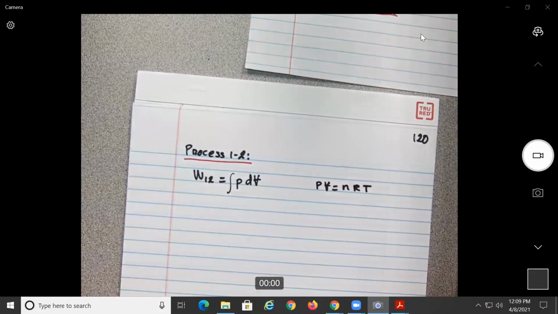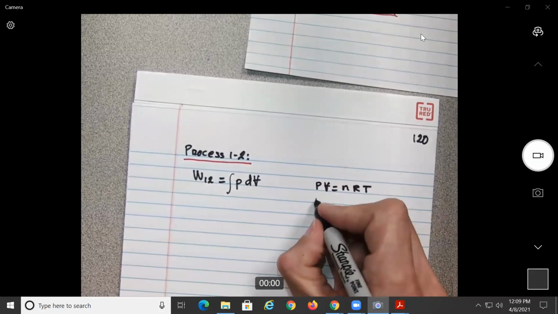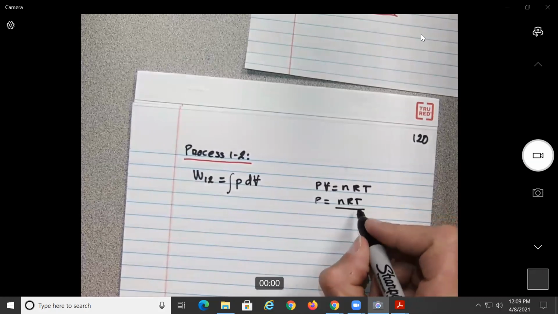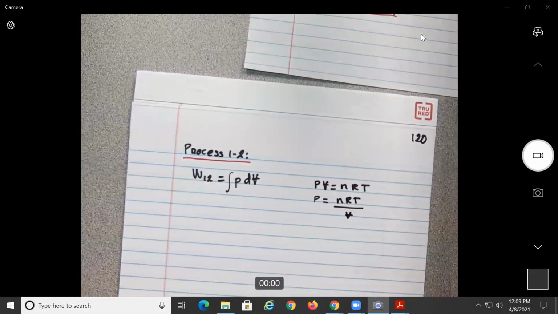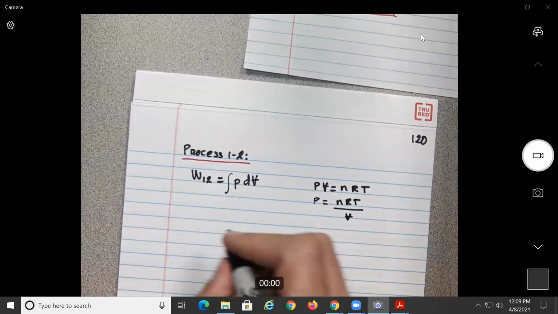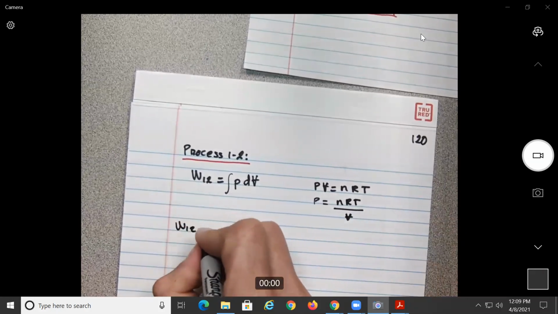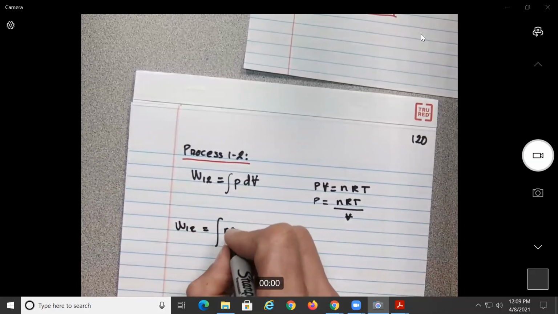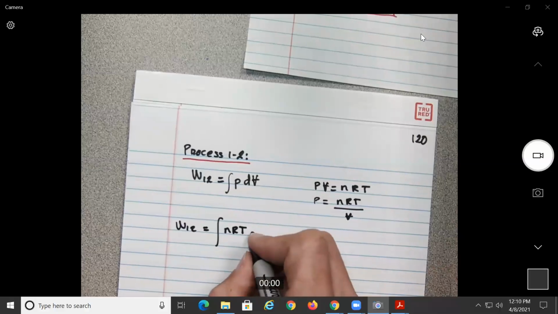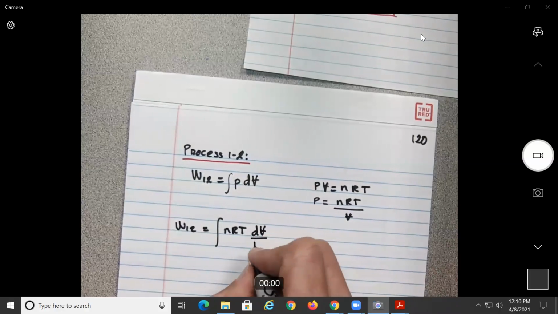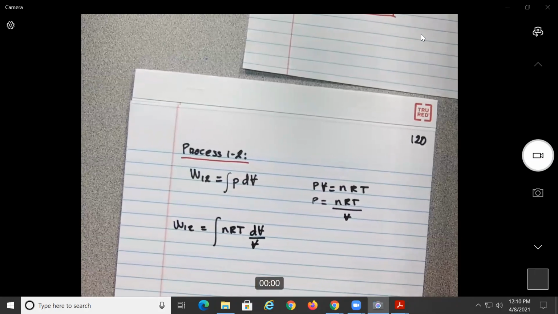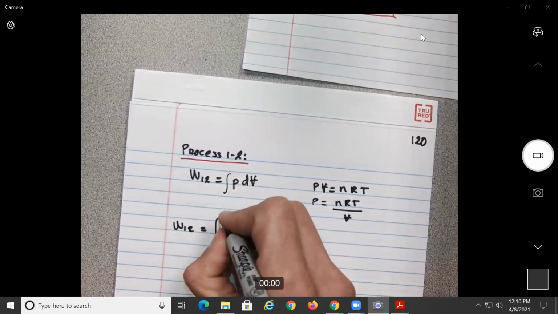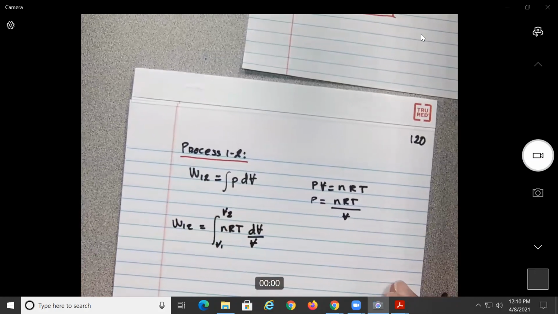Okay. So from here we can write down that P is equal to nRT divided by V. Okay. So if I substitute into that equation, we have work 1, 2 equal to integral of nRT dV over V. And this is between V1 and V2.